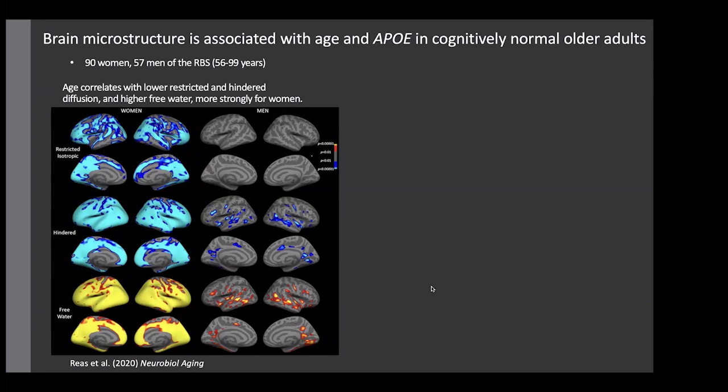We looked just at simple correlations with age to see if there was an age effect, and we found these really robust correlations. This is showing the correlation coefficient for different RSI metrics across the brain for women and men. These correlations were really striking, but interestingly, much stronger for women than for men.